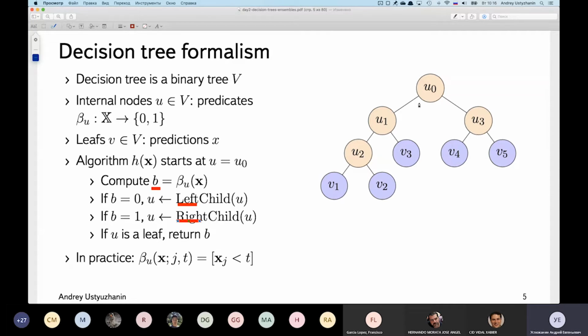So either we go here, or we go and then we can go here. And if we end up with a leaf, then we return the value that is stored inside this leaf.